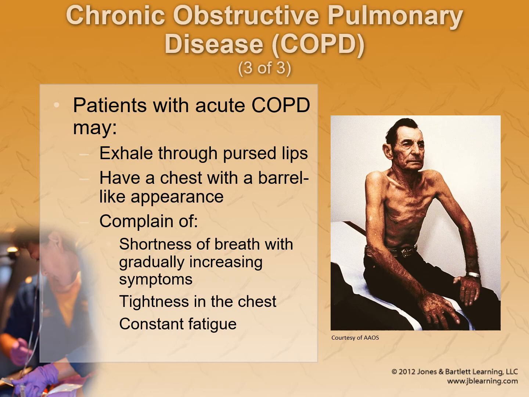We actually call that phenomenon, when they're doing that, you'll either hear it called air trapping, or I like calling it auto-PEEP, right? Because how does PEEP work? When we put a PEEP valve on our BVM or we use the CPAP mask, we trap air in the lungs to maintain pressure.